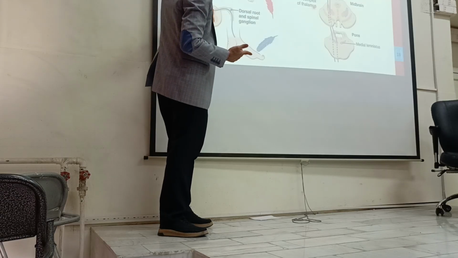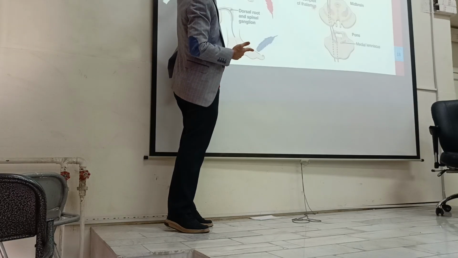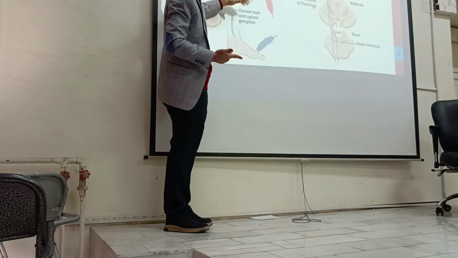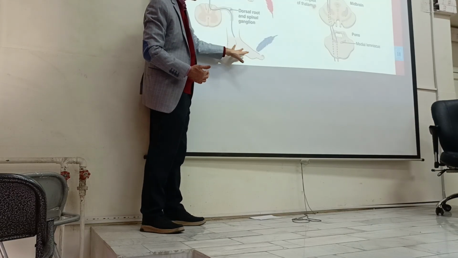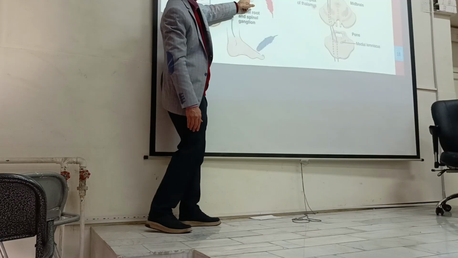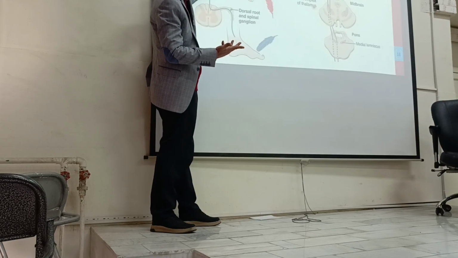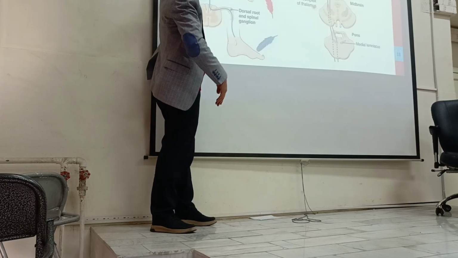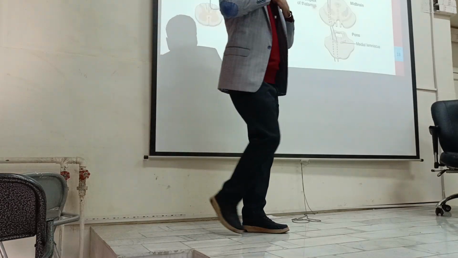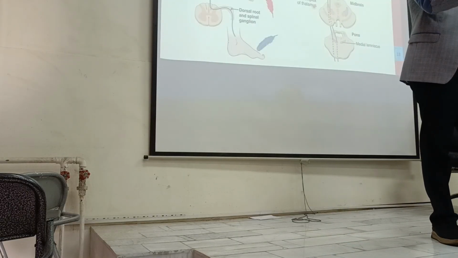So they go up and reach the medulla, and in the medulla we have 2 nuclei, gracile nucleus and cuneate nucleus, right? And here you can see that fibers that originate from the toes enter the gracile one, but fibers that originate from the hands enter the cuneate one, right? So they go up and end in gracile nucleus, cuneate nucleus, right? So we have 2 nuclei in the medulla related to the dorsal column. They include gracile and cuneate.